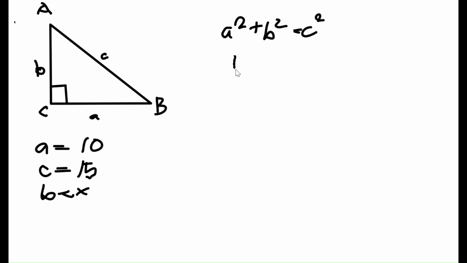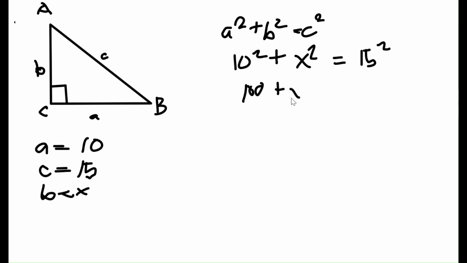So your a is 10, that's squared, and sorry, my bad, that's wrong. This is x squared, and your c is 15 squared. So 10 times 10 is 100.